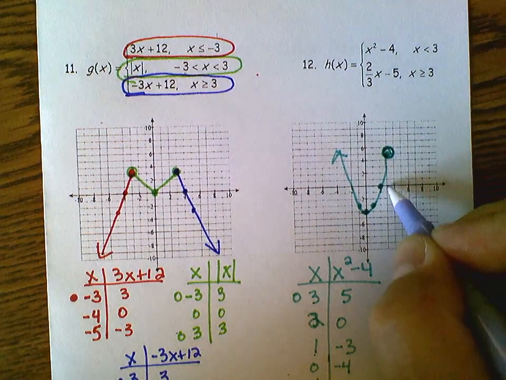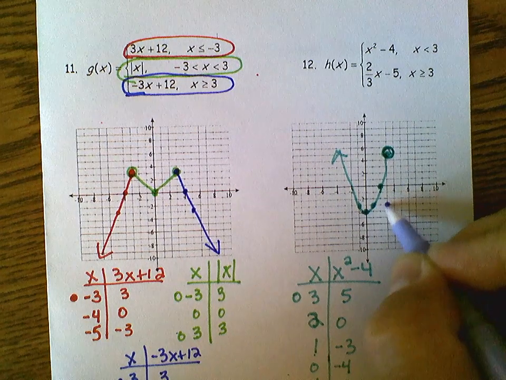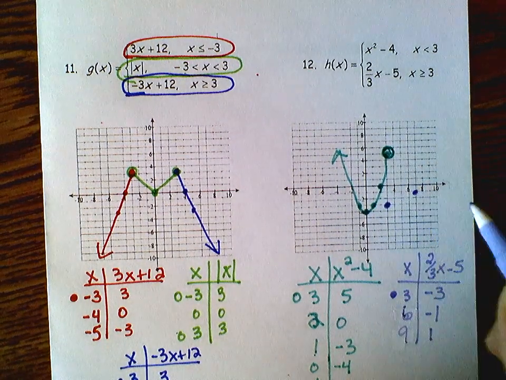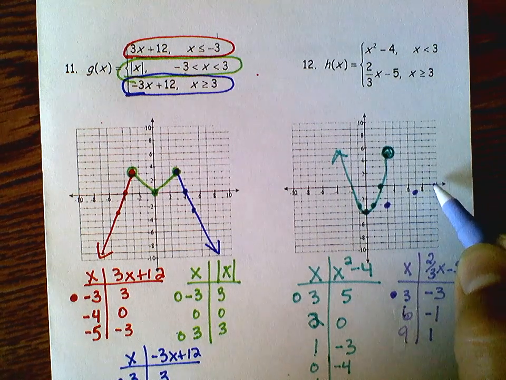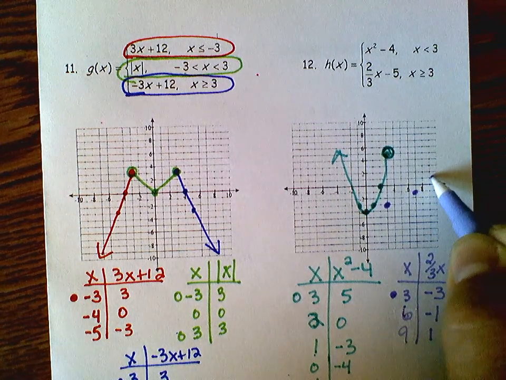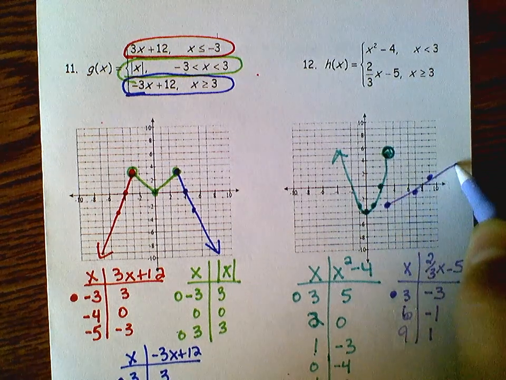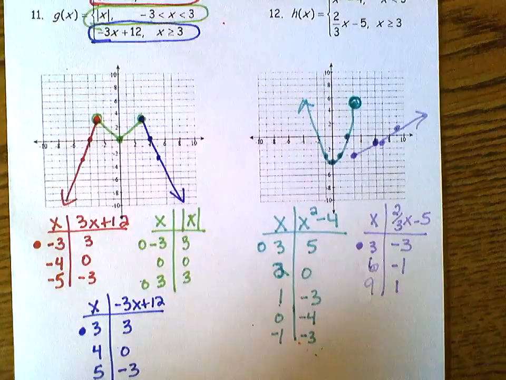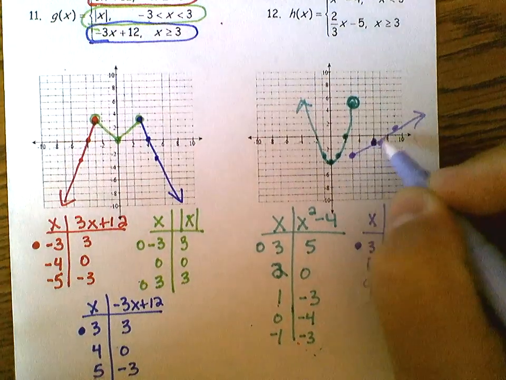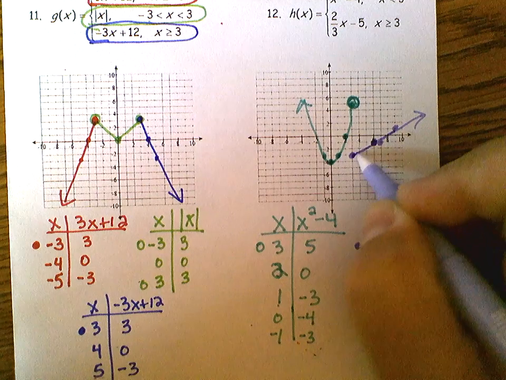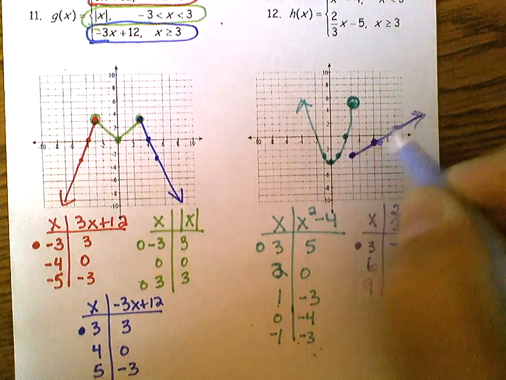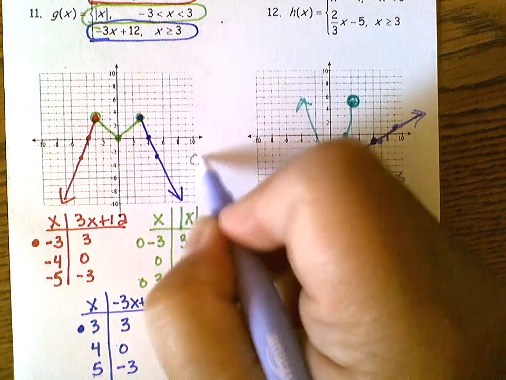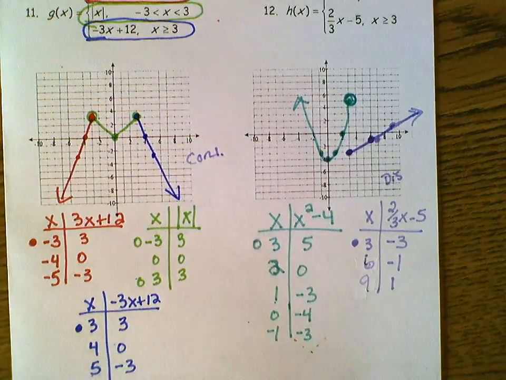So I have 3, -3, 6, -1, and 9, 1. And that is not right. So I found my mistake. I had gone over one too far. This is linear right here. So this one is discontinuous. This one is continuous. And that's the end of our notes.